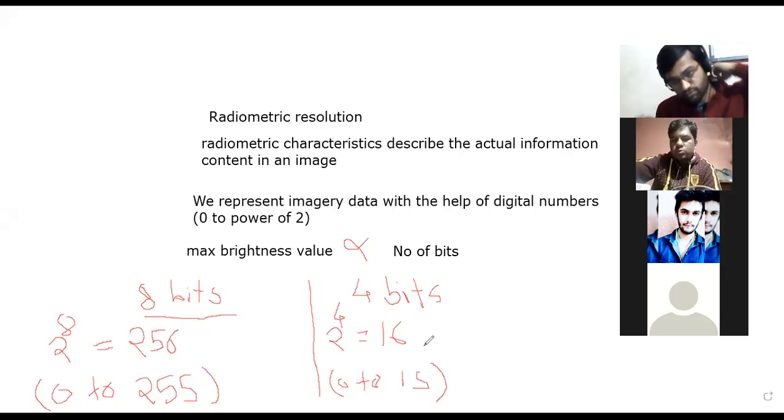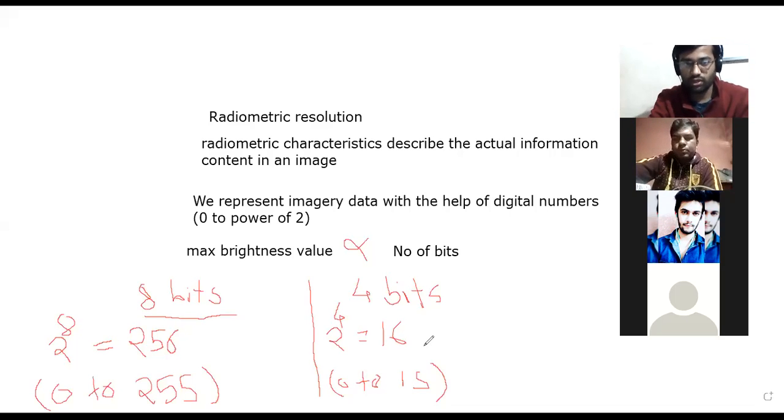What is radiometric resolution? It is the resolution of your sensor or camera. With the help of radiometric resolution, we can identify every detail of the ground surface with the help of imagery.